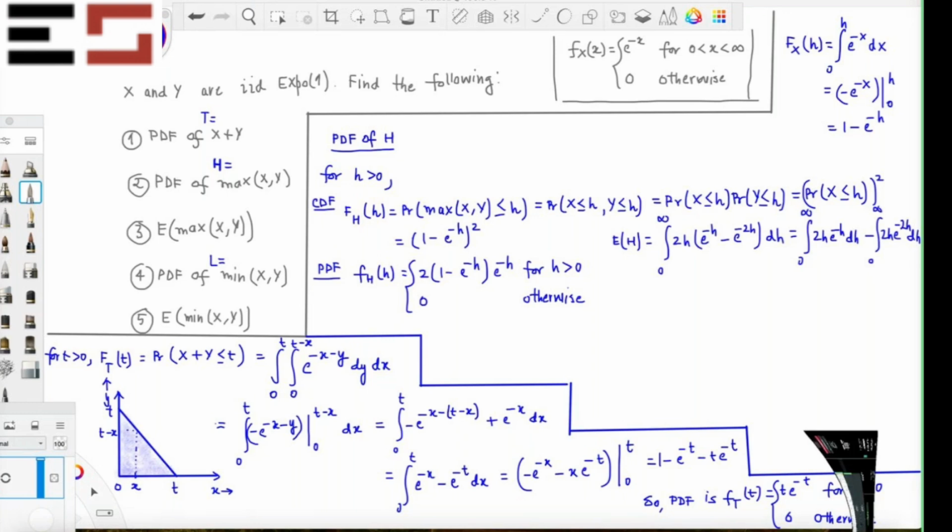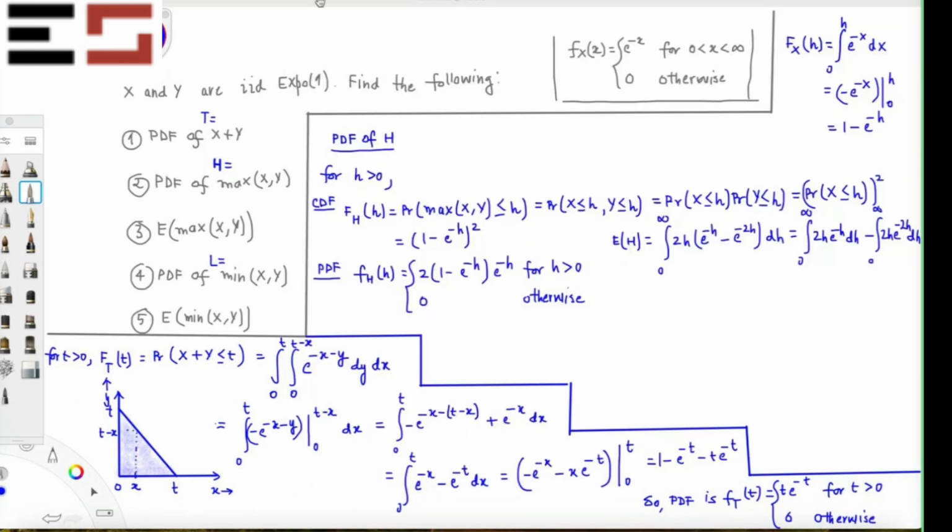Okay. Now notice that this is 2 times the expectation of an exponential one random variable, because H e to the power minus H dH is nothing but, e to the power minus H is the density of an exponential one random variable. Yes or no?